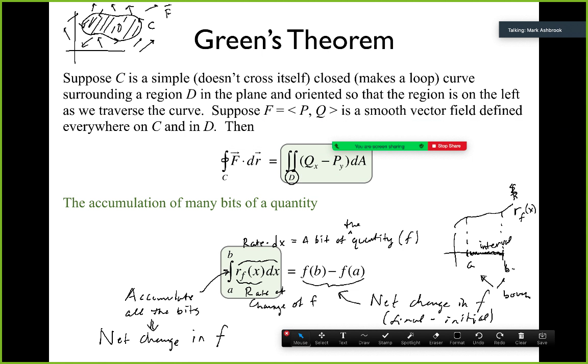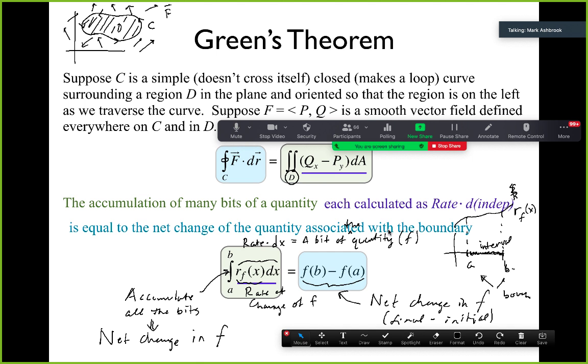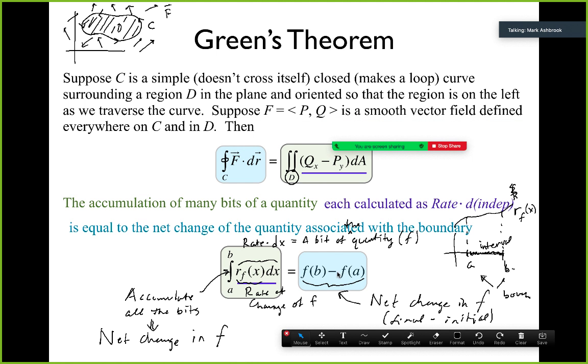So the accumulation of many bits of a quantity across the interior, calculated by rate times the little change in the independent variable, that's those two sides, is equal to the net change of the quantity associated with the boundary.